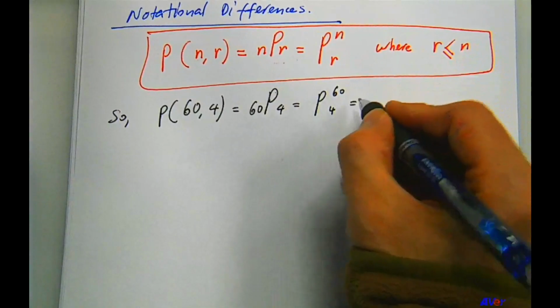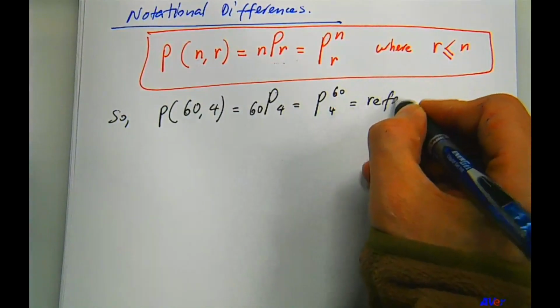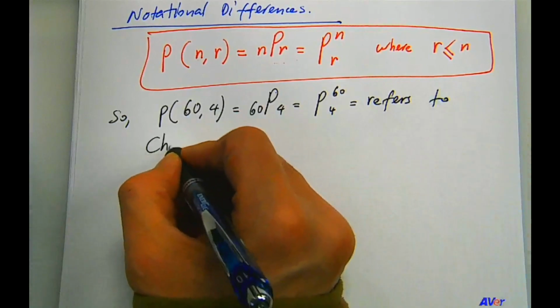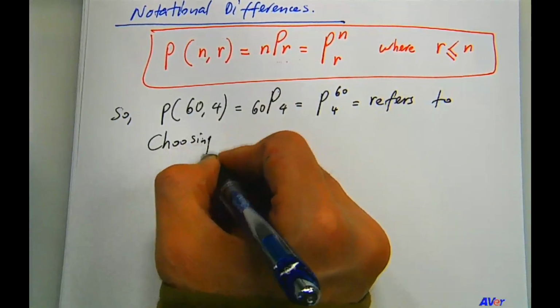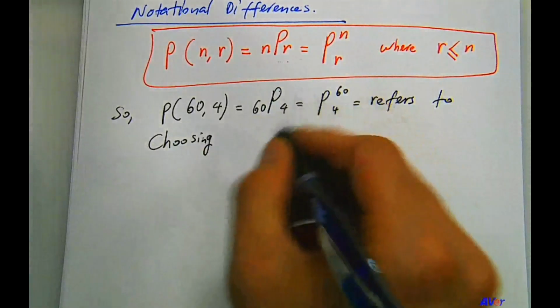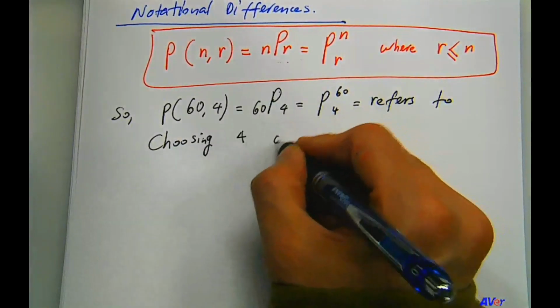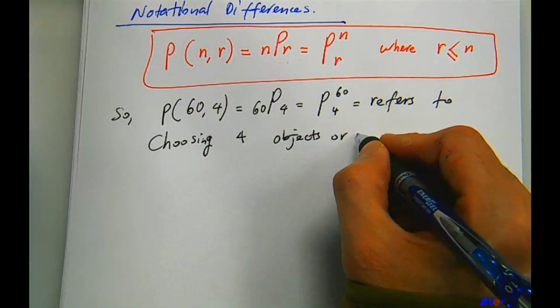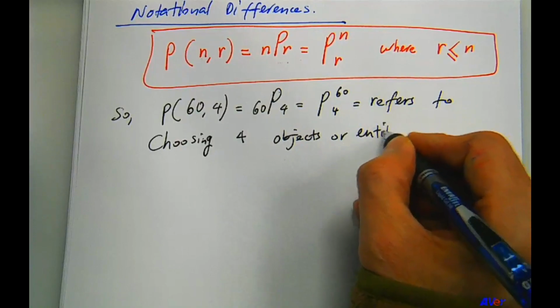And so all of these refer to choosing 4 objects or entities, whatever they may be.